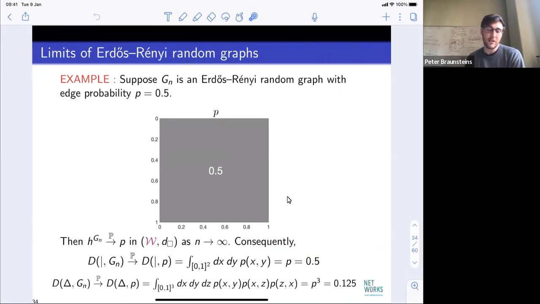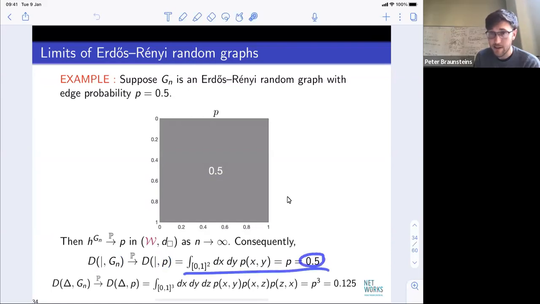It turns out that in this space, this converges to a constant graphon, which is just equal to 0.5 everywhere. What this means, because the subgraph densities are continuous with respect to the cut distance, is that to get the edge density, we can just replace the particular graphon with our smooth graphon here, and then use our nice formula to calculate the edge density.